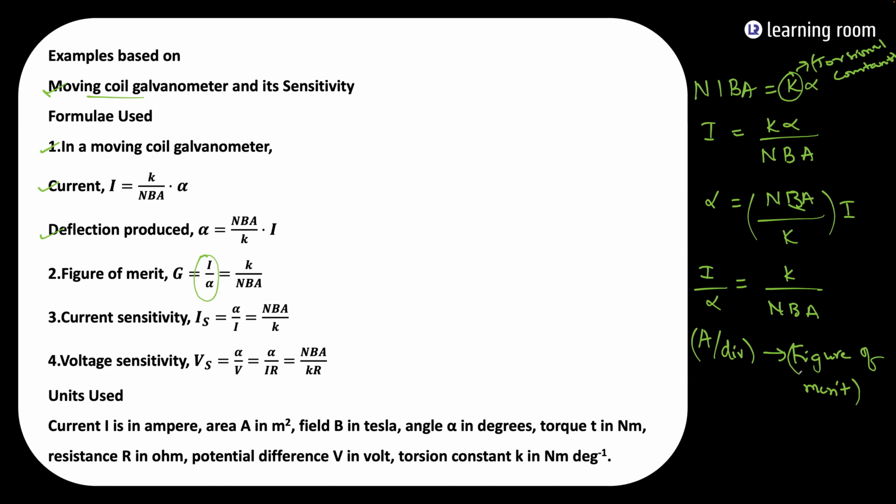In a similar way, if I write alpha divided by I, this is going to be NBA divided by K, which is called the current sensitivity. There is another quantity, alpha divided by V, which is given by the expression NBA divided by K times R, which is called the voltage sensitivity. Right?